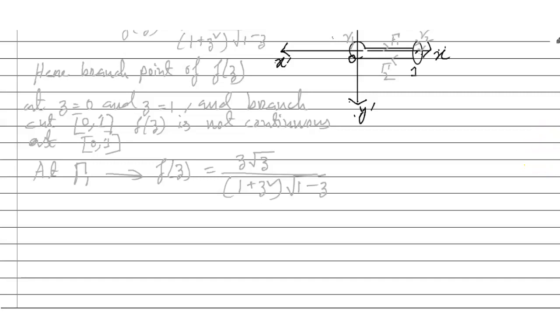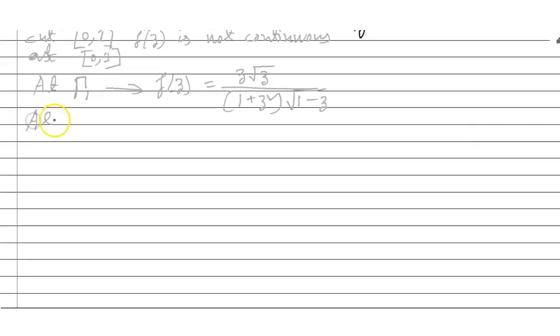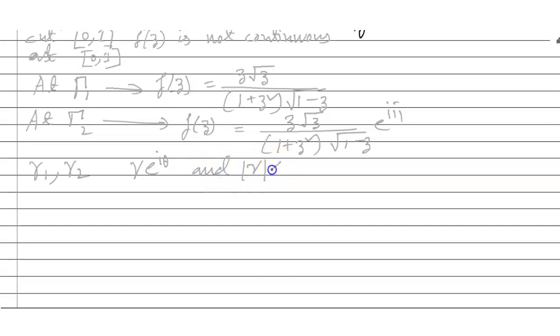At gamma 2, f(z) equals z root z divided by (1 plus z squared) root (1 minus z), times e to the power i pi. On gamma 1 and gamma 2, z equals epsilon e to the power i theta, and mod of gamma is less than epsilon.